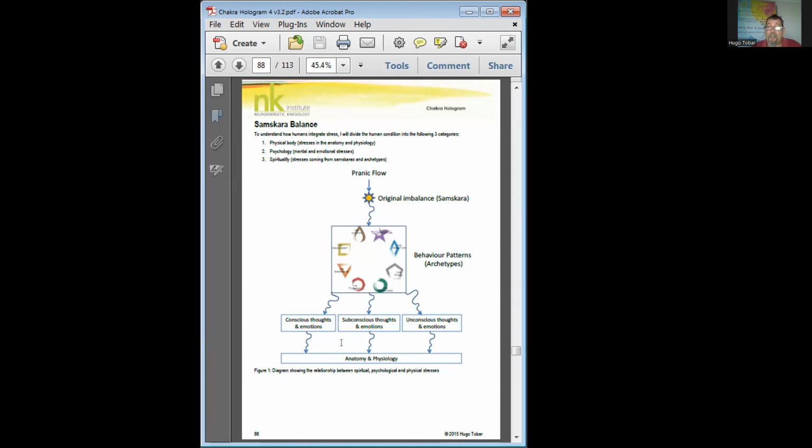So prana is atmic, and as it comes down through, picking up stresses, it manifests into your anatomy and physiology. The samskara balance is about using certain mudras and the crown chakra to help de-stress or help even understand what your samskara is.